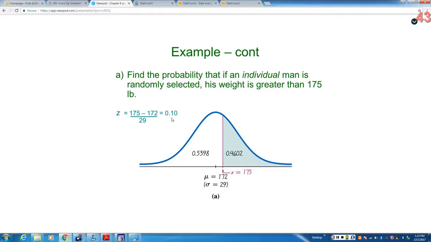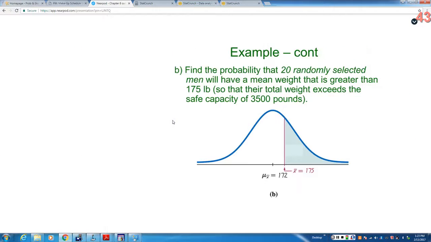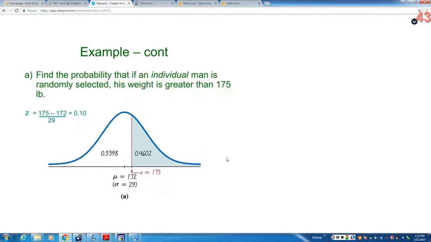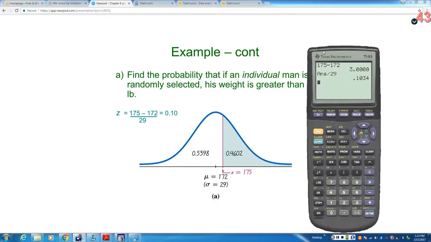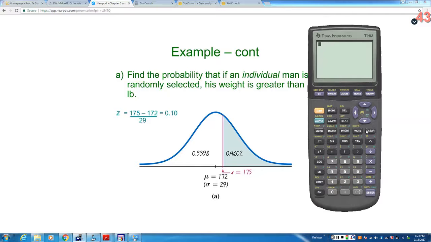Now what I have to do is put it in the distribution. I'm going to do it in a calculator. That's greater than, so we're going to go on the right side. It's second VARS, normal CDF.